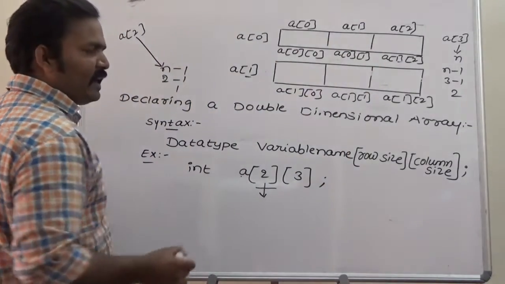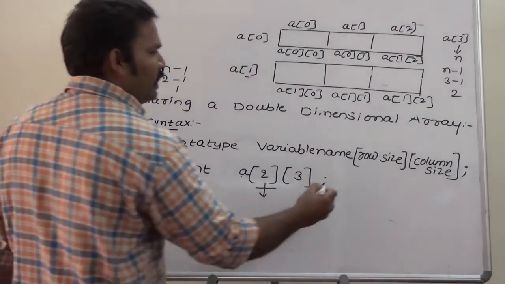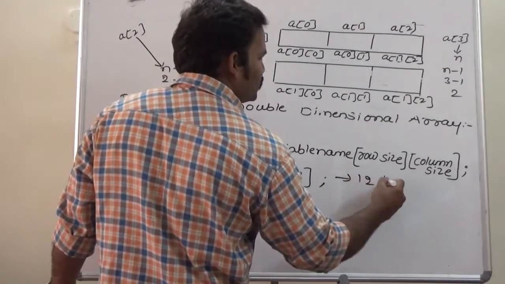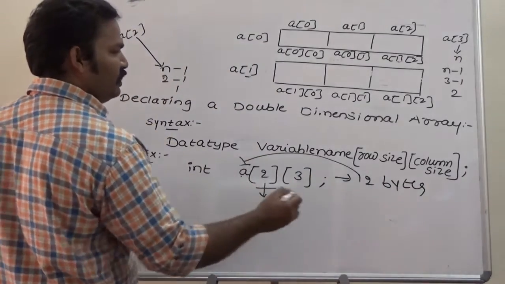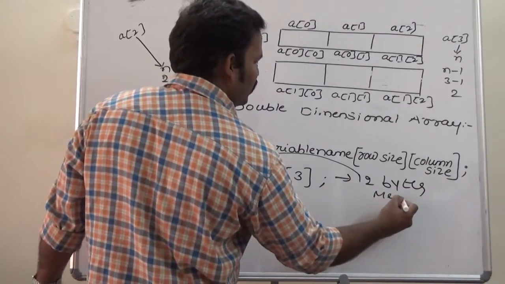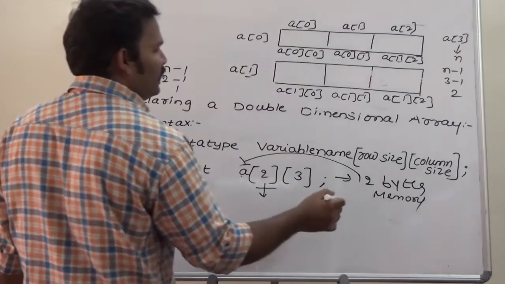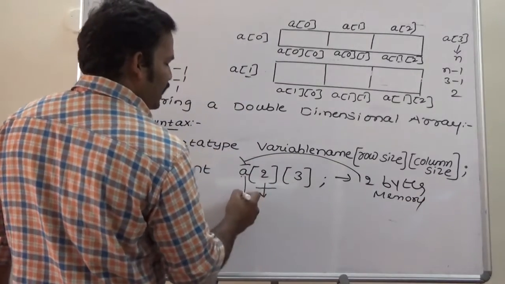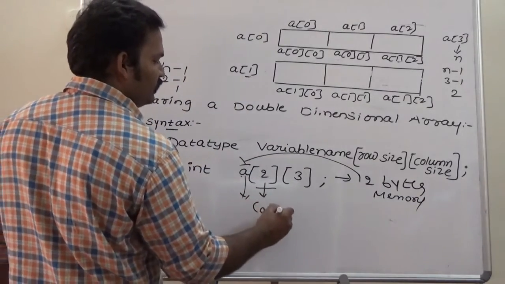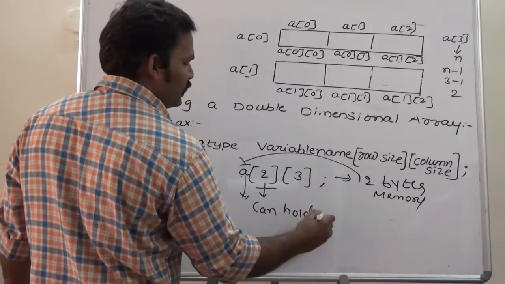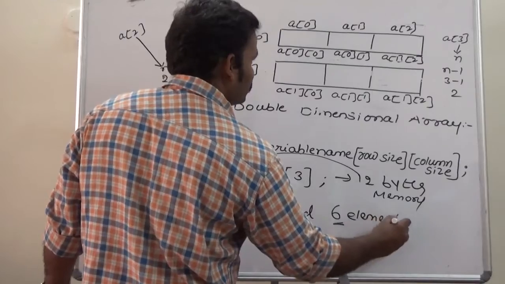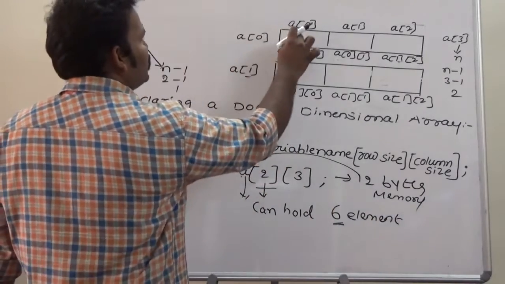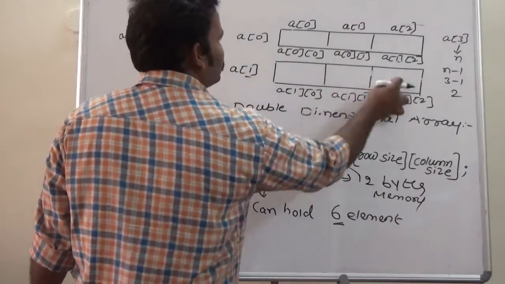So when we declare an array like this, the C compiler allocates 12 bytes of memory for the A array, and this A array can hold how many elements? 6 elements: 1, 2, 3, 4, 5, 6.